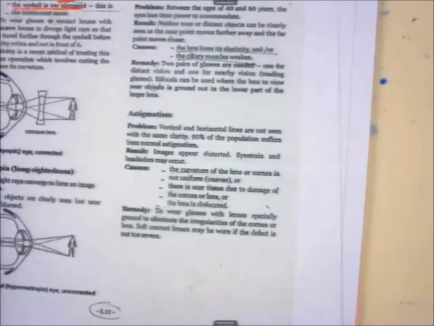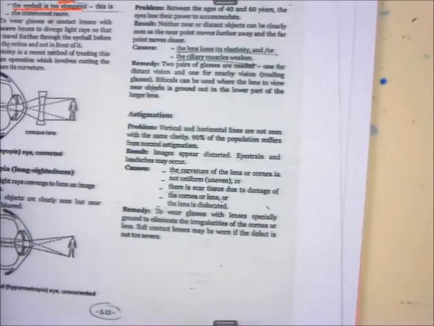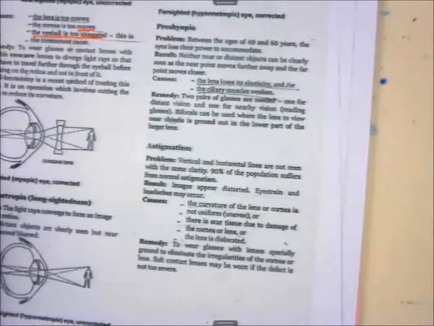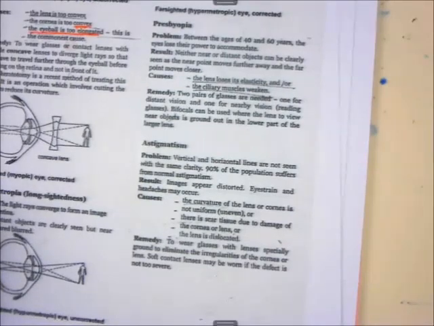So now cataract is caused by the clouding of the lens. The lens becomes opaque. So if the lens is opaque, objects are not clearly seen.